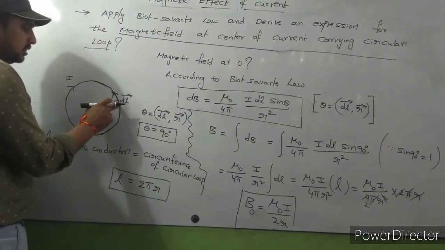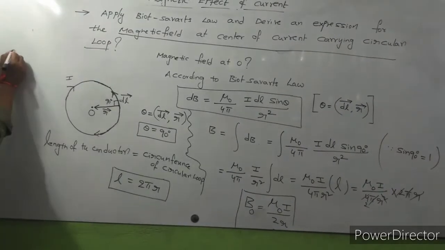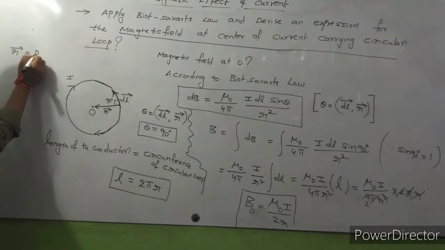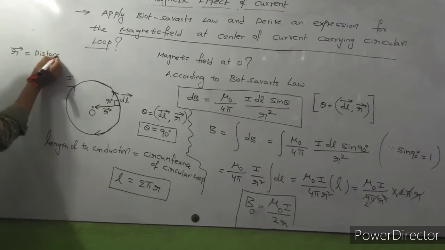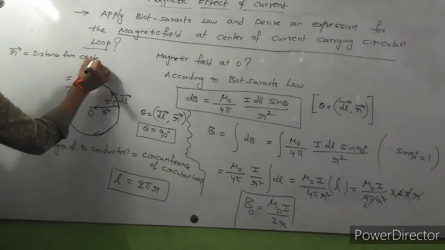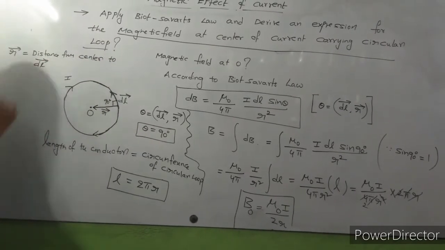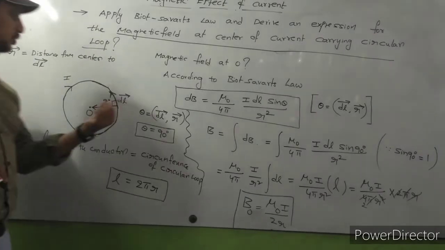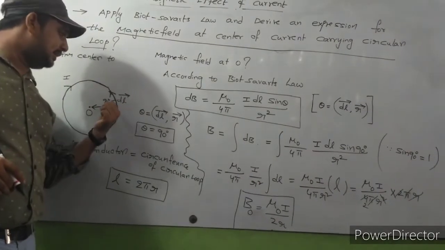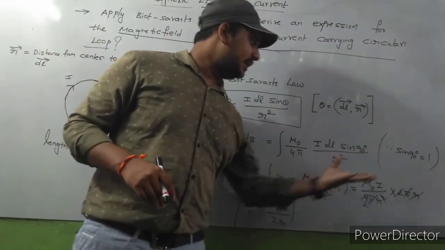This r is the distance from the small element of length to center O. Here r vector is the distance from the center to dl. So the angle between dl and r is 90 degrees, so we consider theta as 90 degrees.